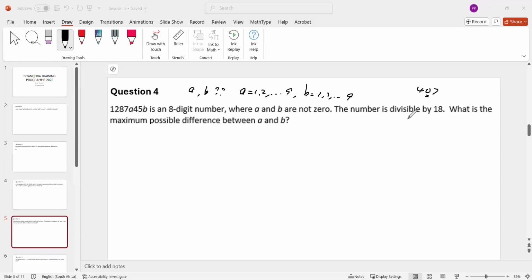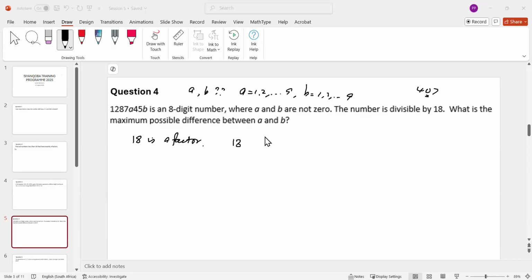Now the number is divisible by 18. Okay, so 18 is a factor of this big number. Now 18 is 2 times 9.